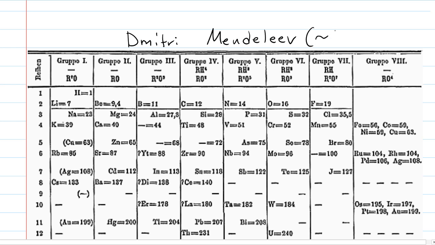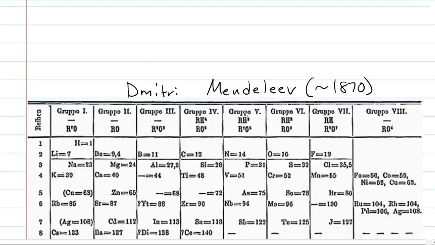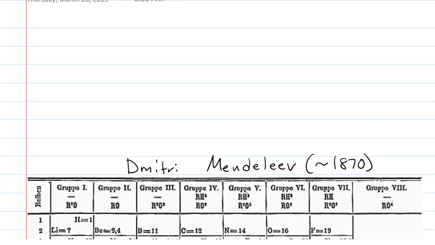And Mendeleev looked at things just like you and I observed right now. If we looked at what exactly happened, we can write out a chemical reaction for what we observed.